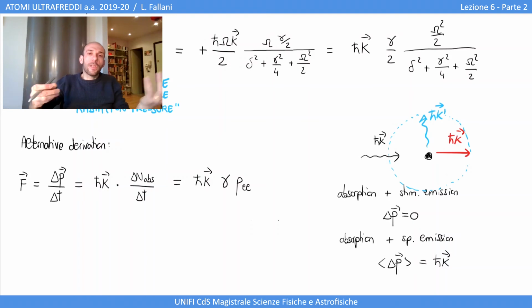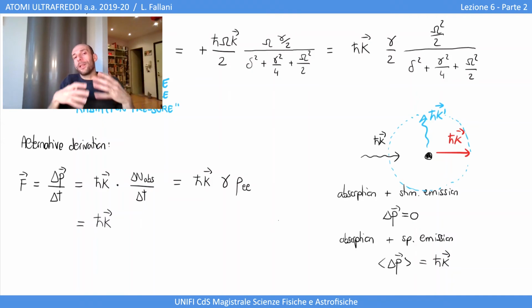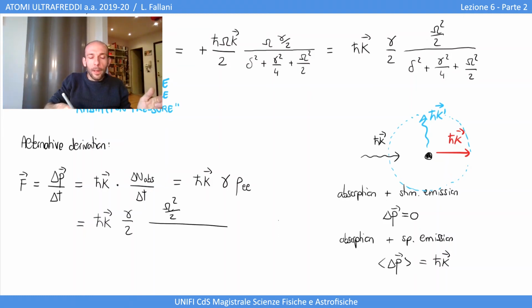Of course, now we can substitute here rho EE that we know very well. From what we discussed in the lecture devoted to the optical Bloch equations, we wrote the solution for rho EE in the stationary state, and it can indeed be written in the same form: 1/2 omega square divided by 2 divided by delta square plus gamma square over 4 plus omega square divided by 2.